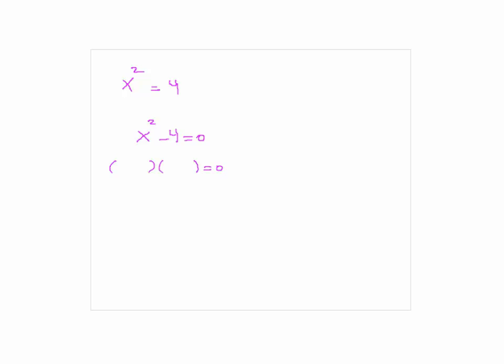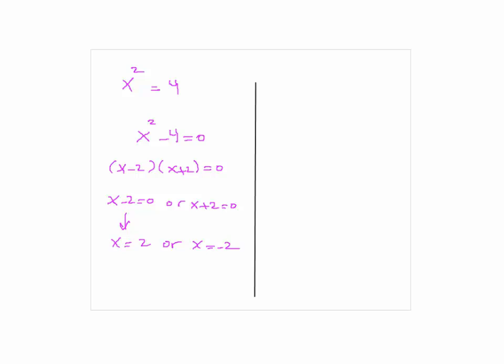That's how we used to solve this. And you get this difference of squares. This becomes x minus 2, x plus 2. So we say x minus 2 is equal to 0, or x plus 2 is equal to 0. So there we have x equal to 2, or x is equal to negative 2.